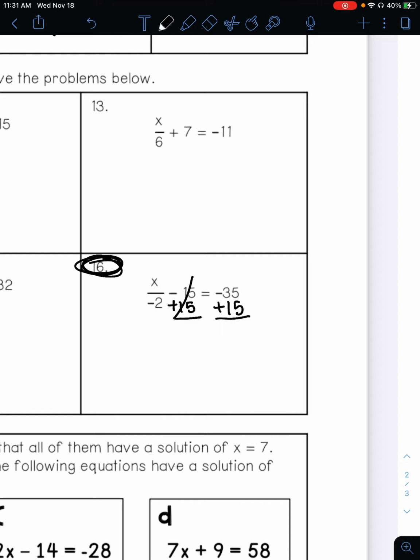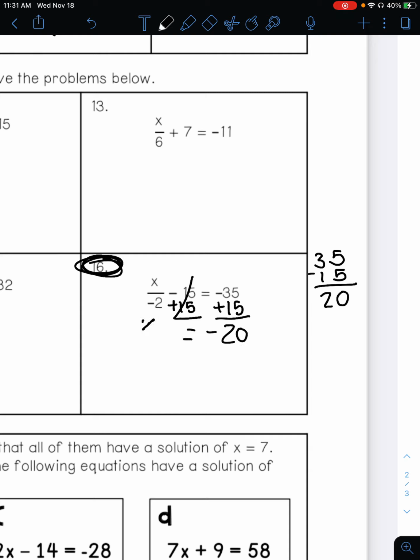Negative 35 plus a positive 15. Which one has a bigger absolute value? 35 does. So we subtract 15 from 35, and we know our answer is negative because the negative number has the bigger absolute value. 35 minus 15 is 20, so negative 20.